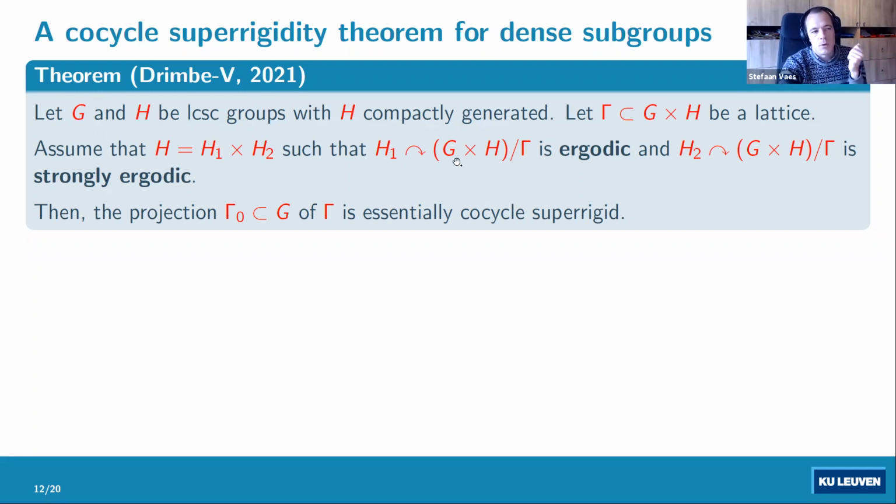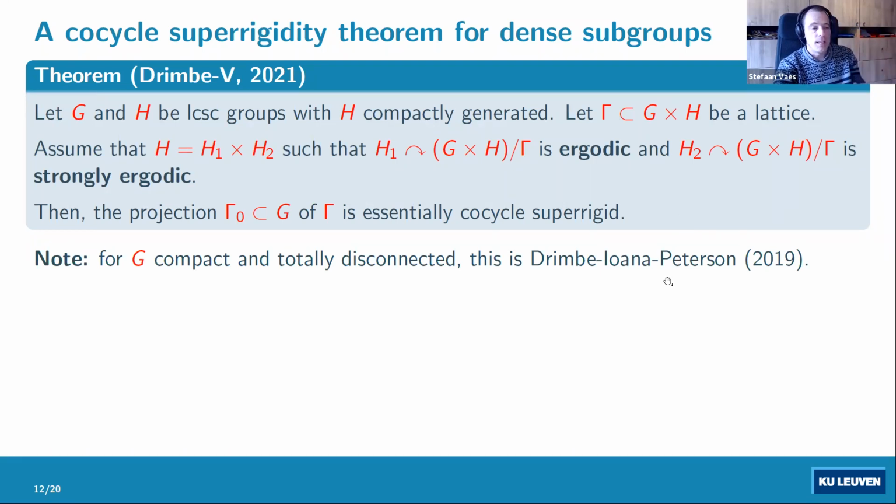And H, as well as G, by the way, is acting on this probability space by left translation. What we need is that both H1 and H2 act ergodically, which is a kind of strong irreducibility property of the lattice. But moreover, we want the H2 action to be strongly ergodic. So there should not even be approximately invariant, H2 invariant subsets. And these properties are enough to establish the essential cocycle superrigidity property.